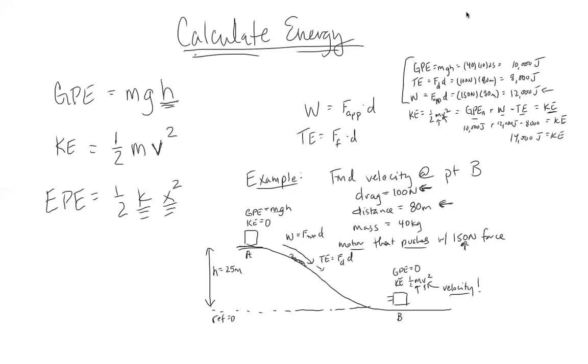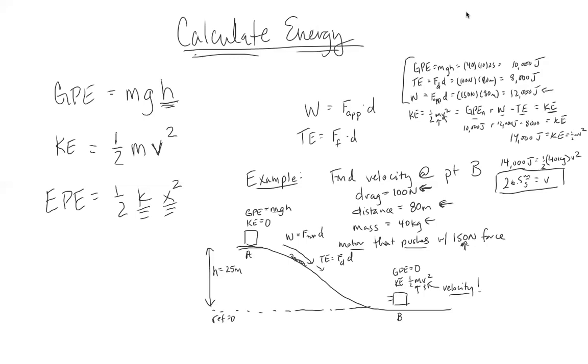So we can say that this is equal to 1/2 mv squared. We have 14,000 joules is equal to 1/2 our mass, which is 40 kilograms, times v squared. And we end up getting a velocity equal to 26.5 meters per second.